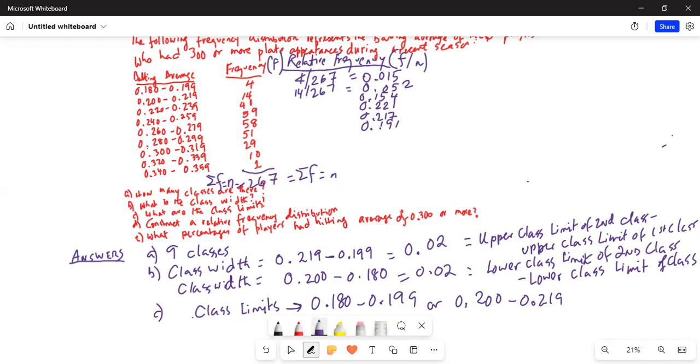Then 10 divided by 267, which is 0.037. And the last one is 1 divided by 267, which works out to 0.004.